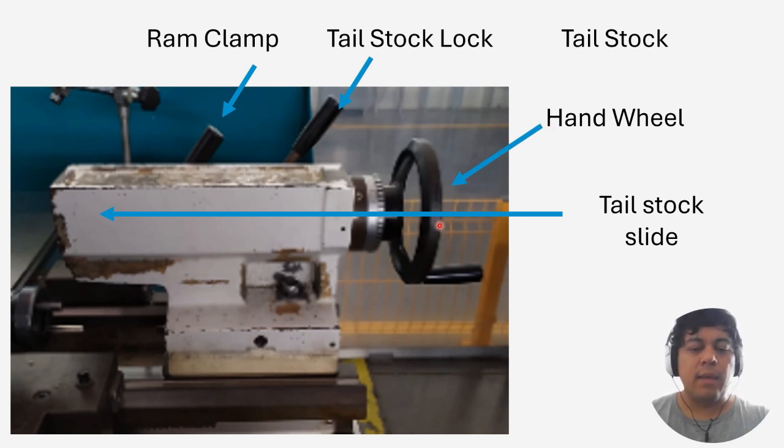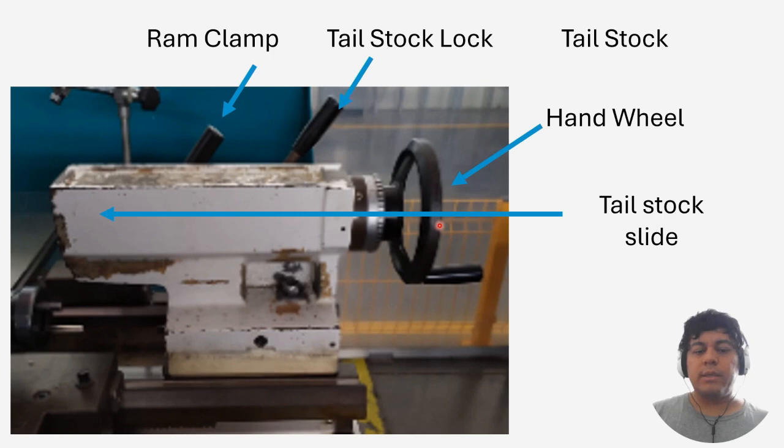Now we also have the hand wheel, which determines how far I would like to push the slide. The slide is going to be holding the dead center, so I can hold the other end of the material. Okay, so you want to move the tailstock through the rails.